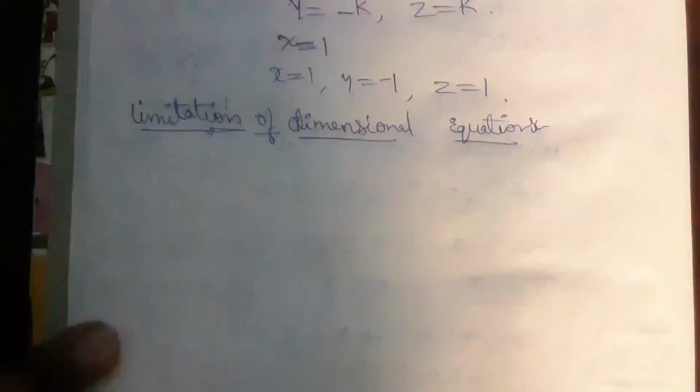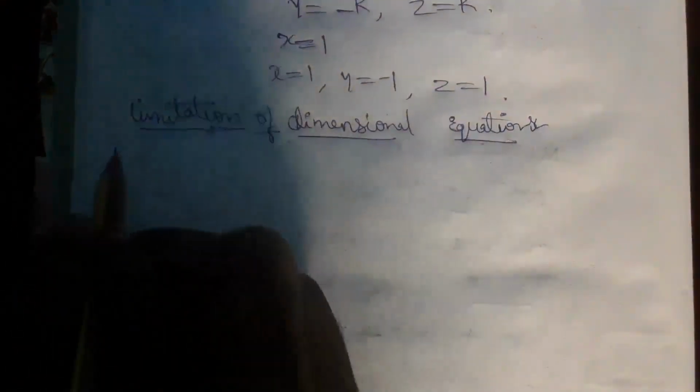So let's take up the next subtopic, the limitations of the dimensional equation method. The first limitation of deriving by this dimensional method is that it only works for product terms.